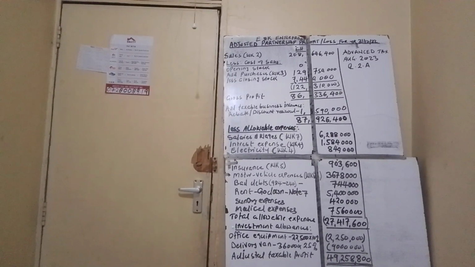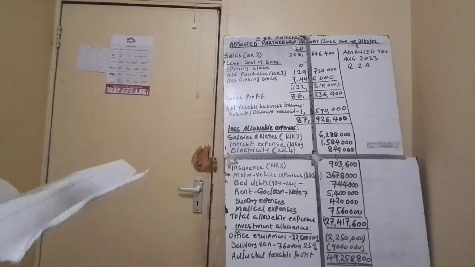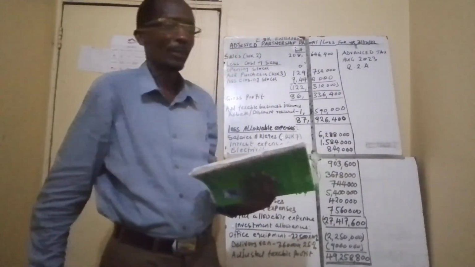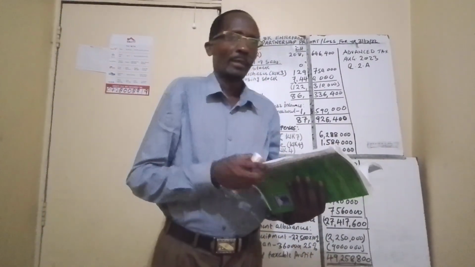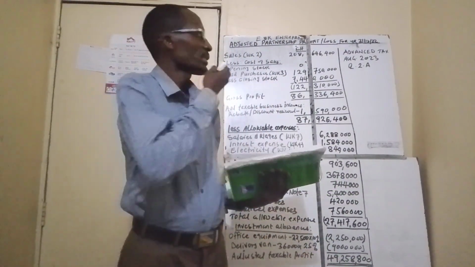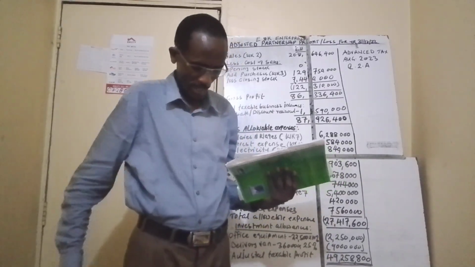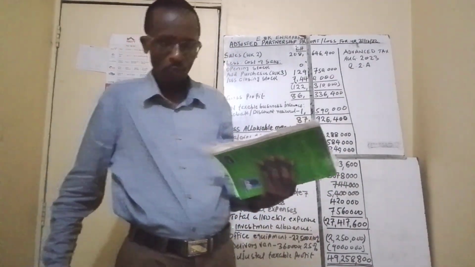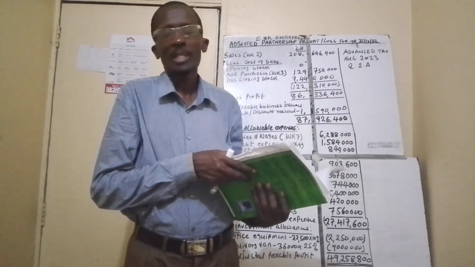Now, we do the question as I explain it. Remember that this is a question dealing with incomplete records. We can see that this question requires the use of the direct method because no profit has been computed.